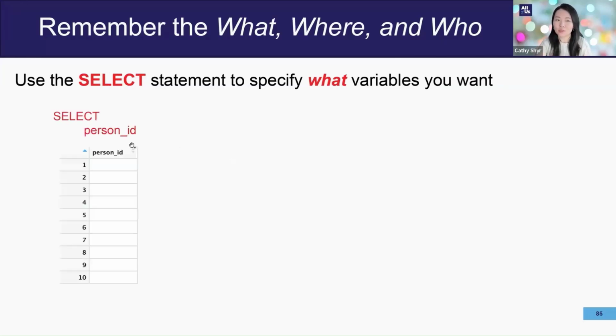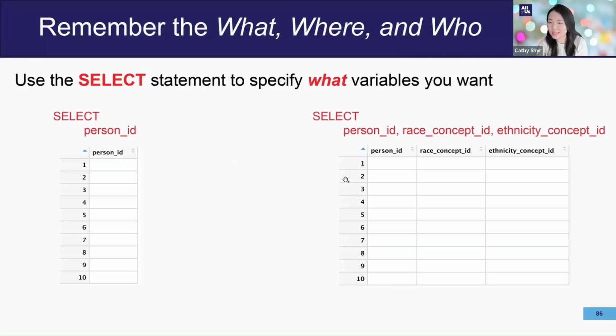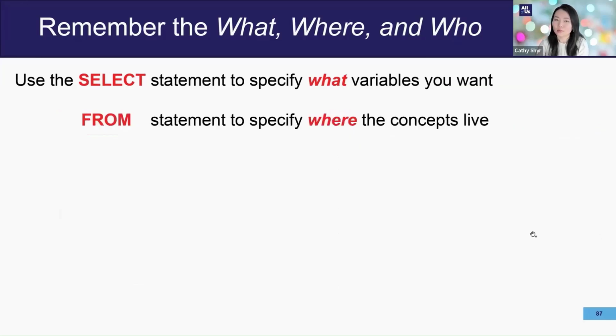So let's say we select person ID, then your output table is going to have person ID as its only column. If you select person ID, race concept ID, ethnicity concept ID, then your output table will have those 3 columns.